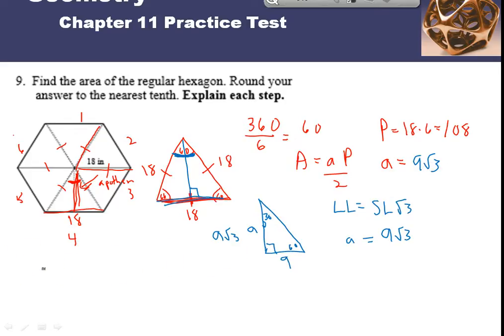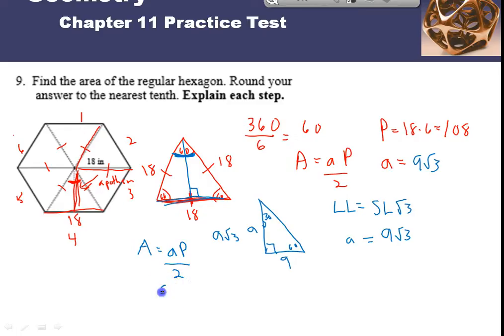So the area is equal to the apothem times the perimeter divided by 2.